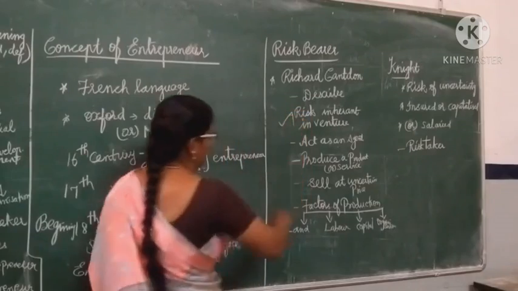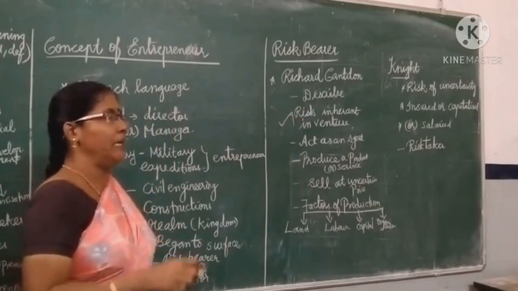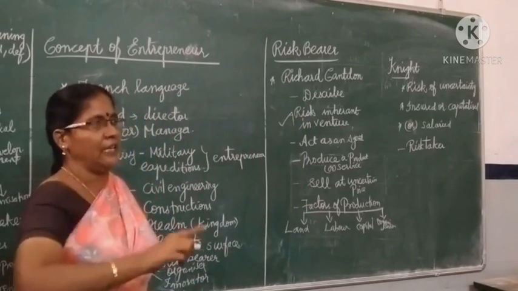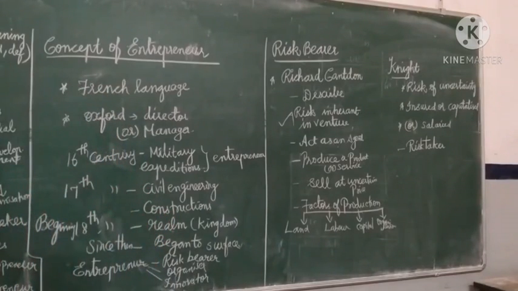Who is starting the venture? He is starting the venture. Whatever it may be, it is obvious that he has to face the risk. Then the entrepreneur acts as an agent combining all factors of production in order to sell a product at a certain price in future.